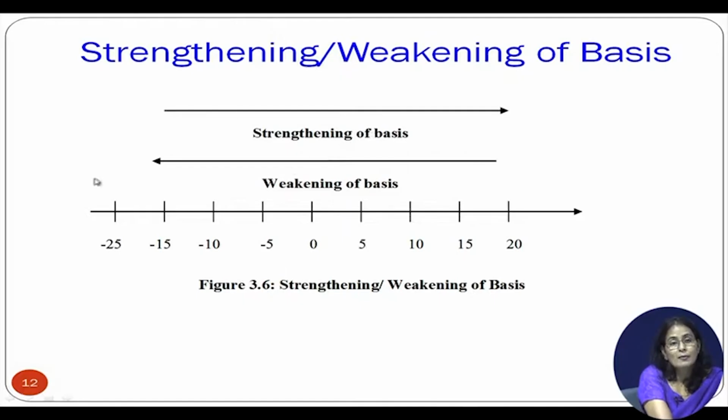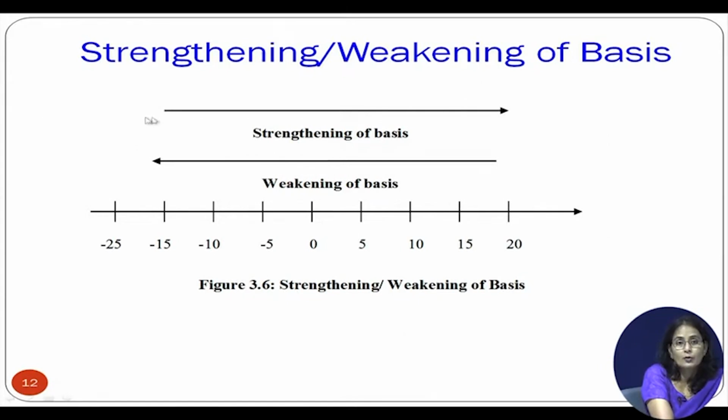Let's say if basis is minus 25 on the contract initiation date and at a later point of time basis reduces to minus 5, we will say strengthening of basis. Similarly, suppose on a contract initiation date basis was 5 rupees and at a later point of time basis increased to 20 or 25 rupees, we will say strengthening of basis.